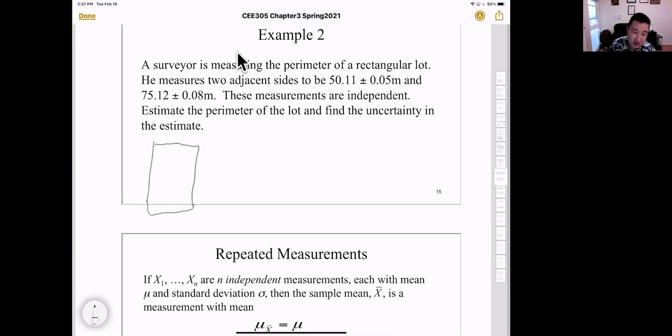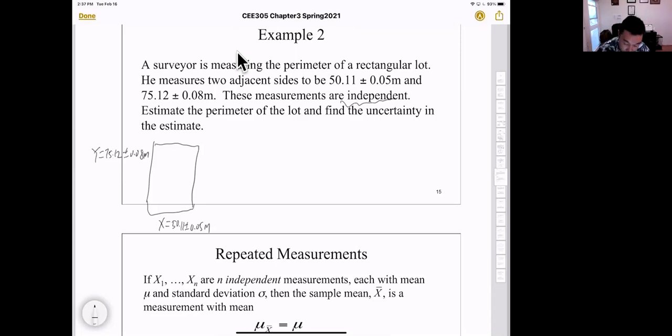He measured 2 adjacent sides to be 50.11 plus minus 0.05 meter, so this is x, and the other side is 75.12 plus minus 0.08 meter. These 2 measurements are independent. Estimate the perimeter of the lot and find the uncertainty of the estimate.